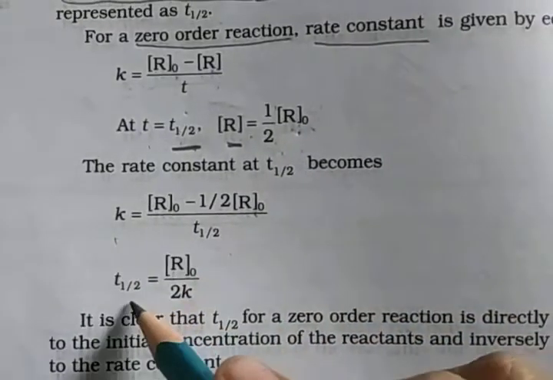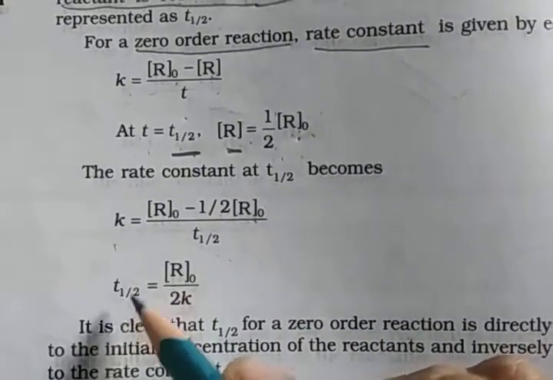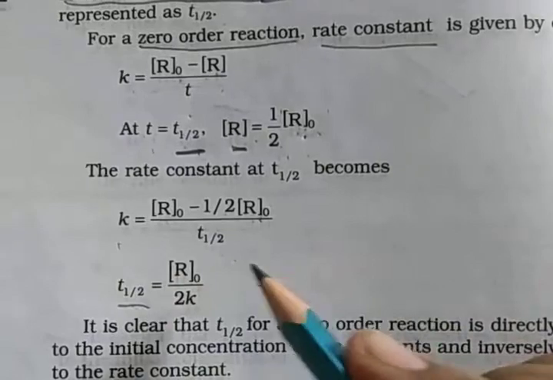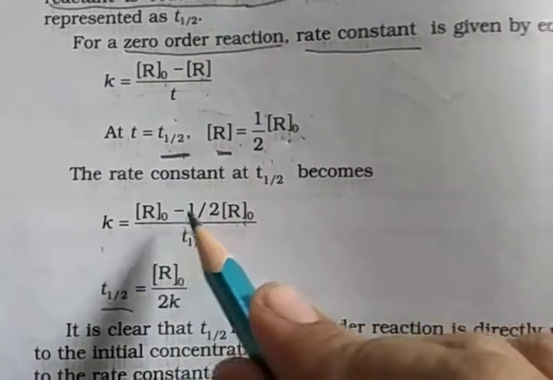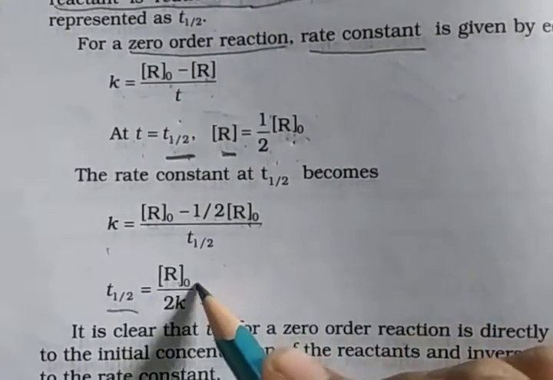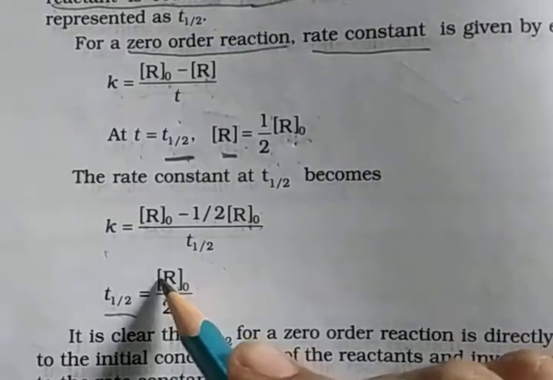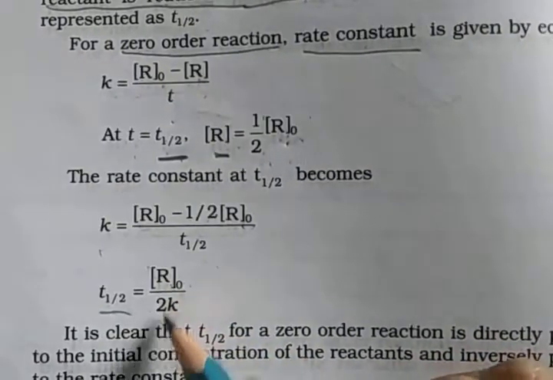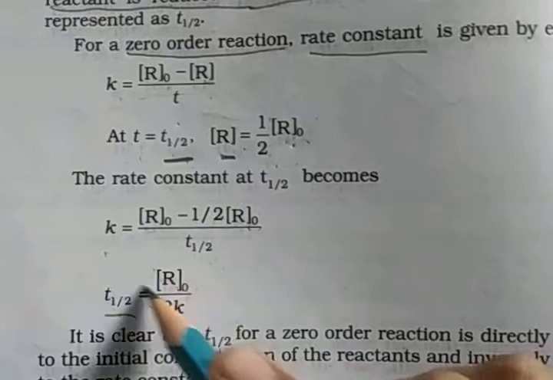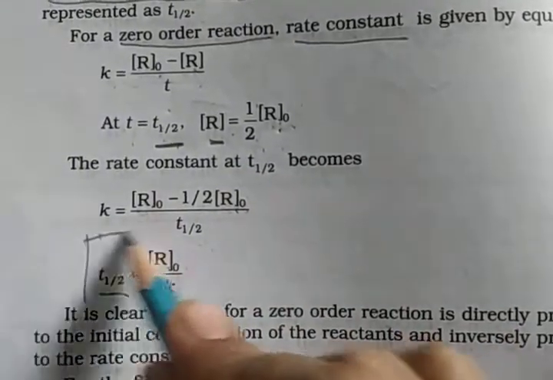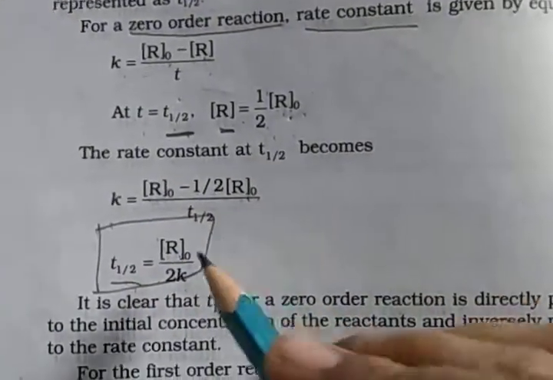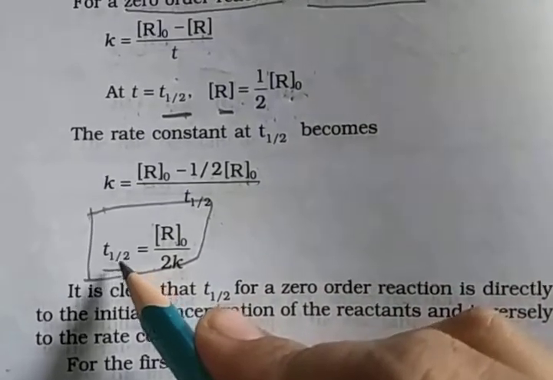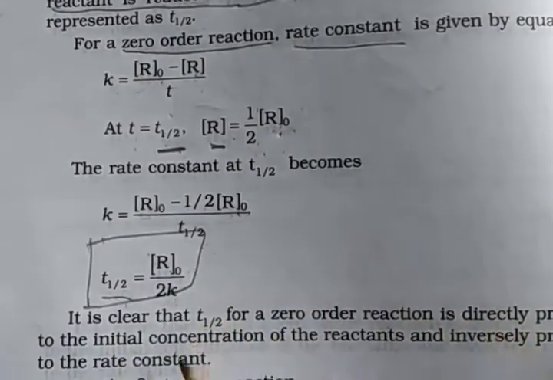Moving T half to the left-hand side because we have to find the half-life, T half is equal to R naught minus half R naught over K, which is 1/2 R naught over K. So the half-life formula for a zero order reaction is T half equal to R naught upon 2K.